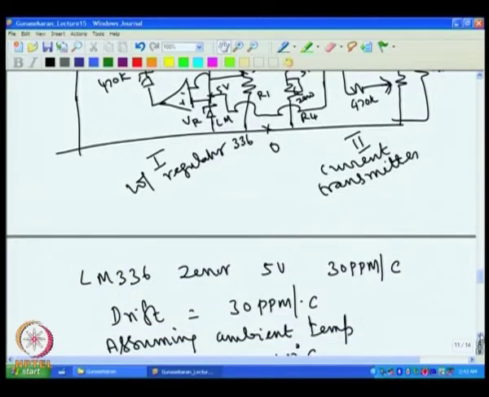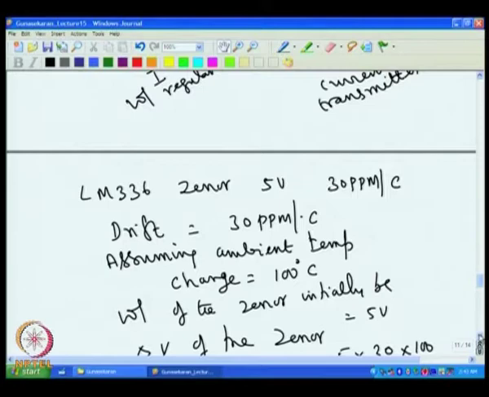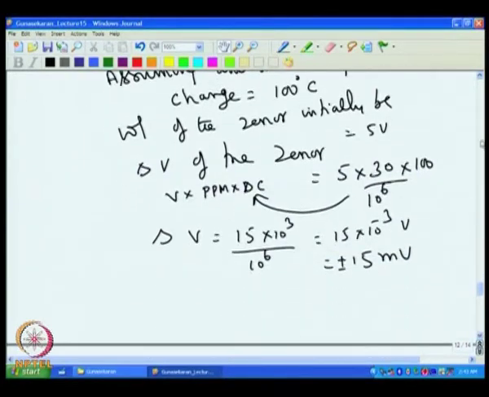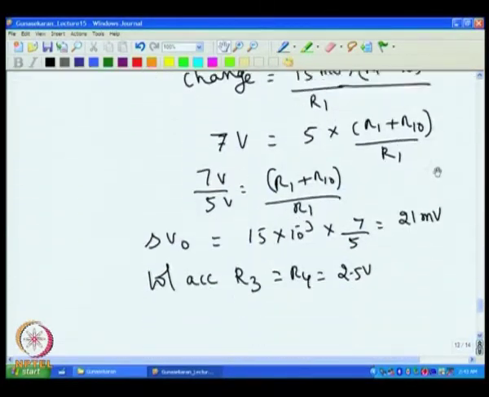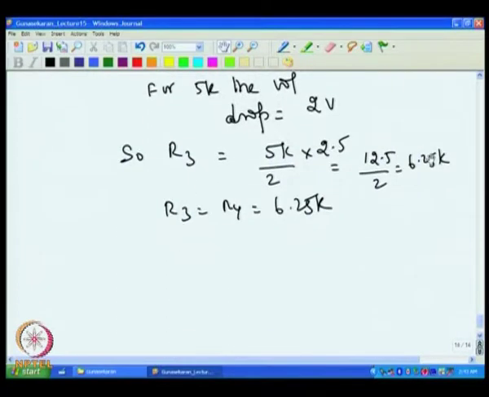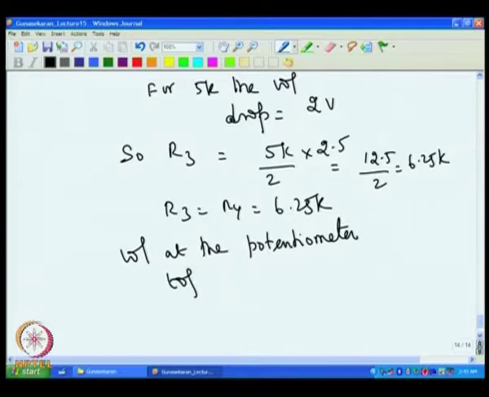So, now we go back and calculate what is the expected error. We will get the voltage at the potentiometer top end is equal to 2.5 plus 2, that is equal to 4.5 volt.